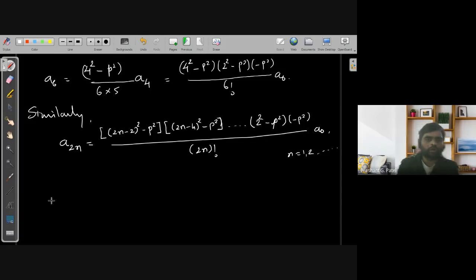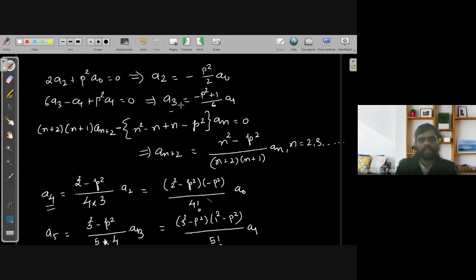And what will be the a2n plus 1? You can just observe for a2n plus 1. For a3 it will be 1 minus p square. For a5 it will start with 3 square. So 2 less.